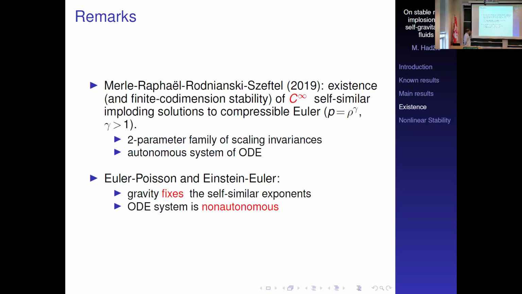The second is that it is not an autonomous system of ODE, which in practical terms means that certain tools you are accustomed to for 2x2 systems cannot be used in this setting. You have to entertain a slightly different approach to things like existence and so on. Another way to think about it, as I said earlier, is that gravity fixes the self-similarity exponents.